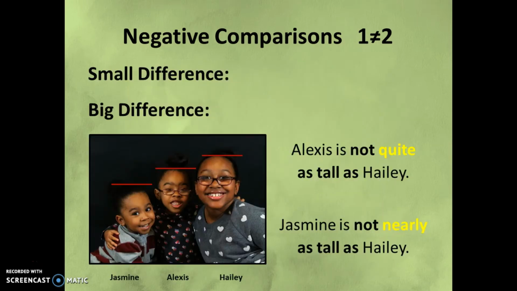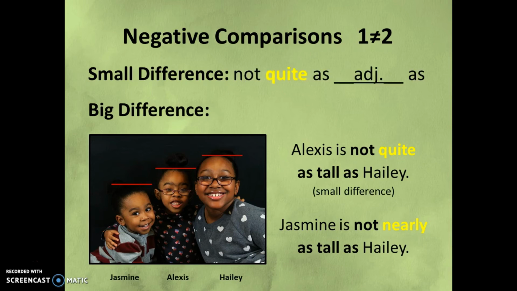So, as we can see, Alexis is not quite as tall as Haley shows a small difference, so we use not quite as to show that a difference is small. And in our second sentence, Jasmine is not nearly as tall as Haley, we use not nearly as to show that the difference is big.